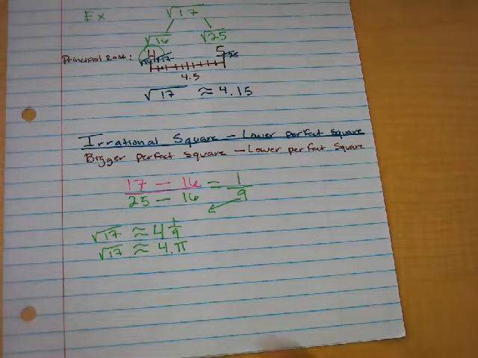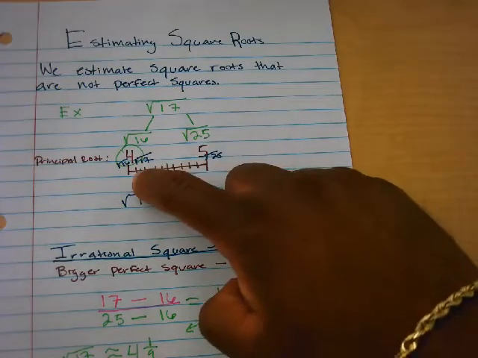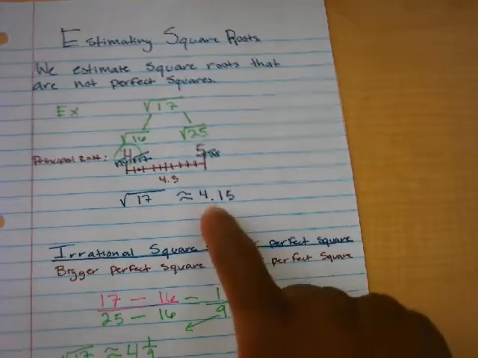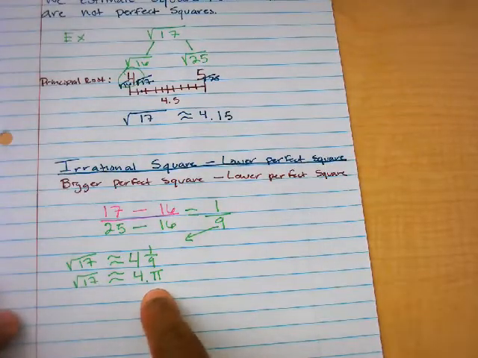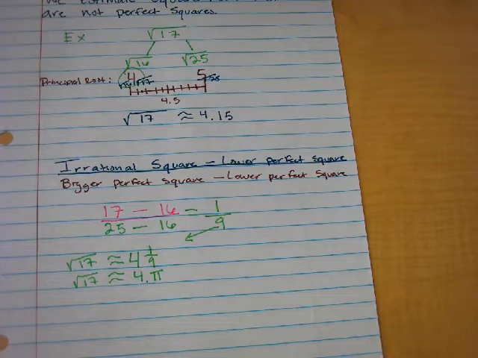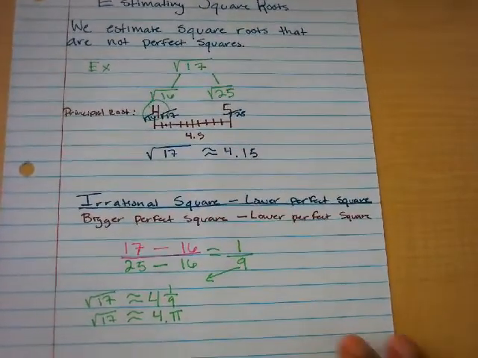And so we just added on to that whole number. And so now we have 4.11 repeating. And so that is, again, very close to what we thought it was about here. I said 4.15 initially, and so it ended up being 4.11. That's pretty close.